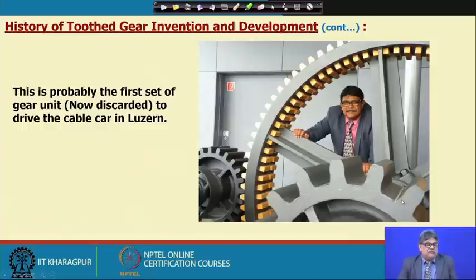Next, if we look into this gear, this is probably the first set of gear unit, now discarded, used to drive the cable car in Lausanne, Switzerland. This tooth looks like involute. However, it apparently looks involute-like, but with a slight undercut here.